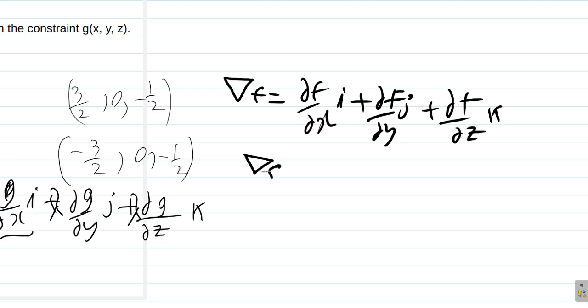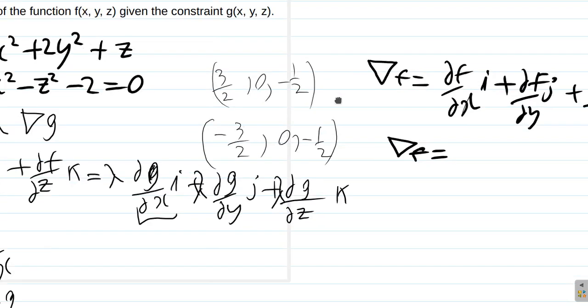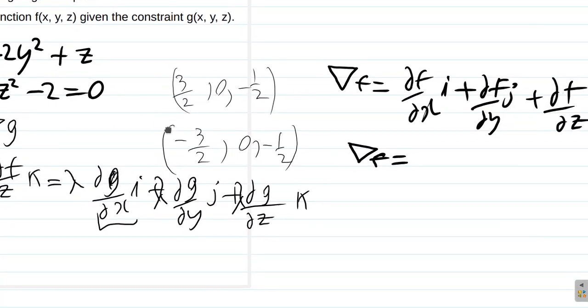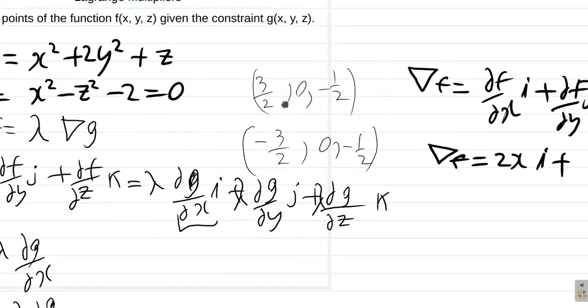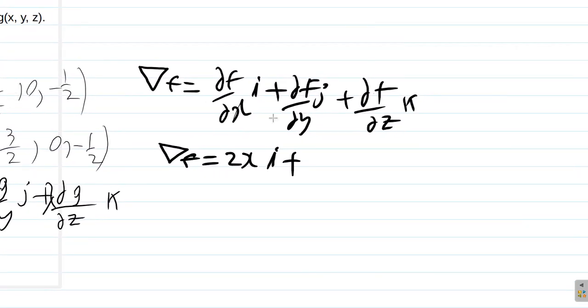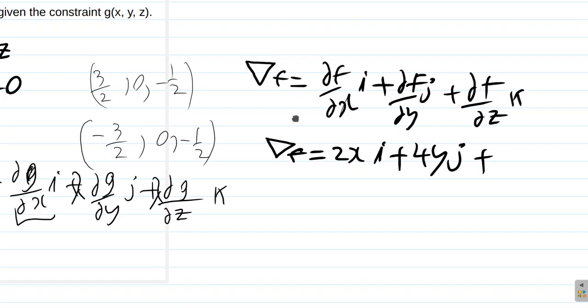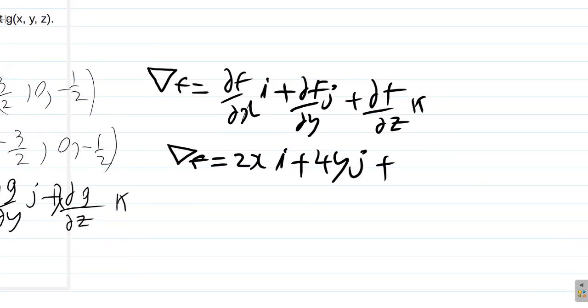So nabla f is equal to, when you differentiate with respect to x, you get 2x, 2xi plus, when you differentiate with respect to y, you get 4y in the j direction plus, when you differentiate with respect to z, you get 1 in the k direction.